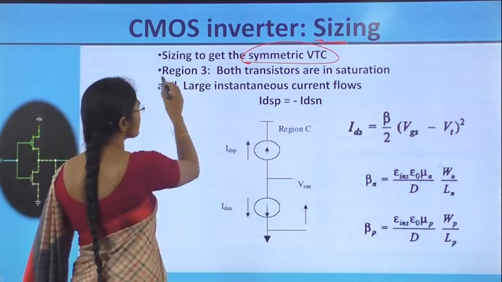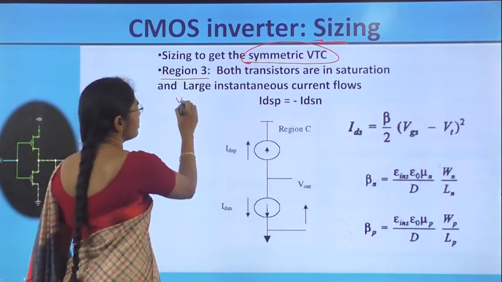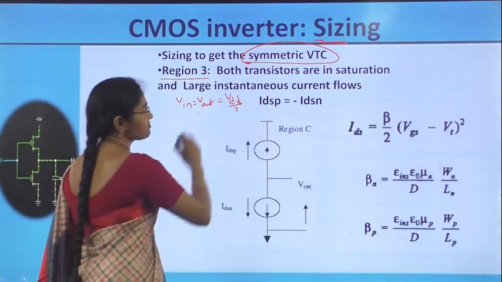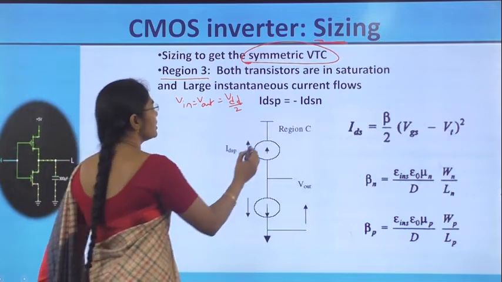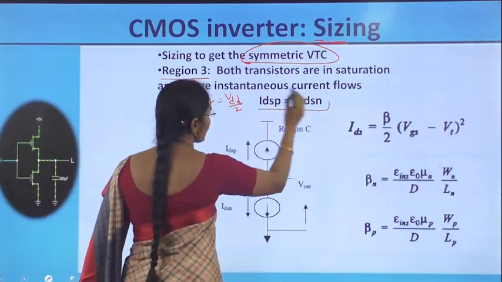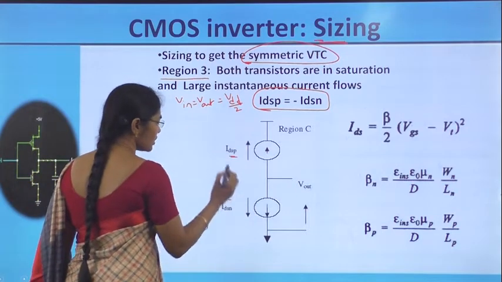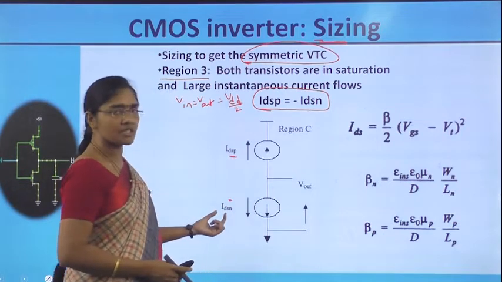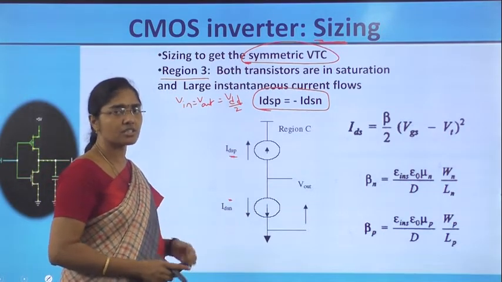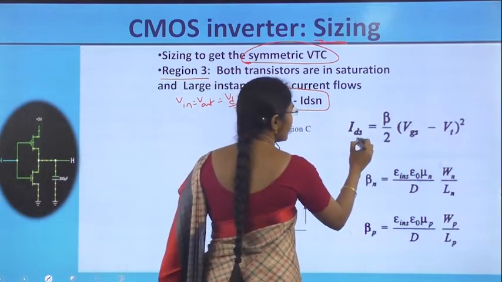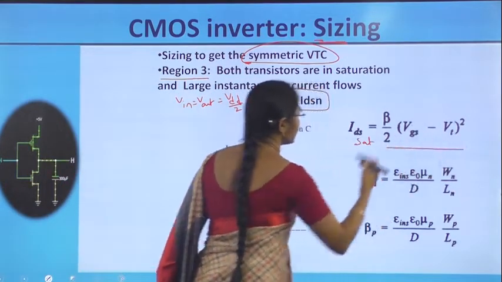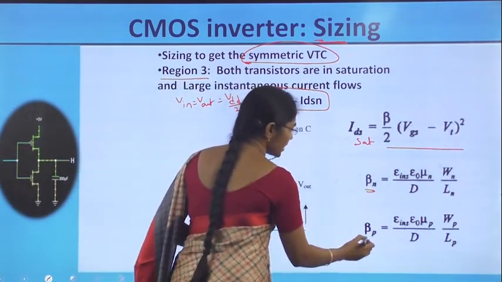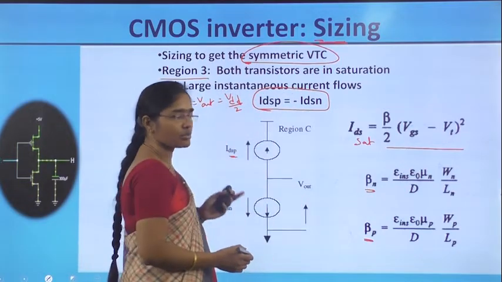For that, we are taking the region C, where we have already seen Vin is equal to Vout is equal to VDD by 2. In this region, both are in saturation and currents are maximum, and IDSP is equal to minus IDSN. Write the equations of IDSP and IDSN as saturation currents. The saturation current equation is beta by 2 into (Vgs minus Vt) whole square, where beta for the NMOS transistor is beta n and for the PMOS transistor it is beta p.